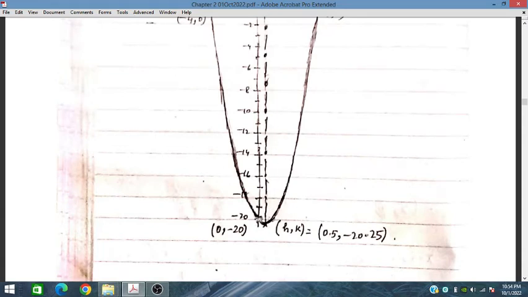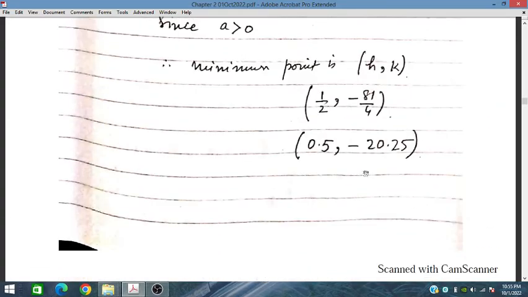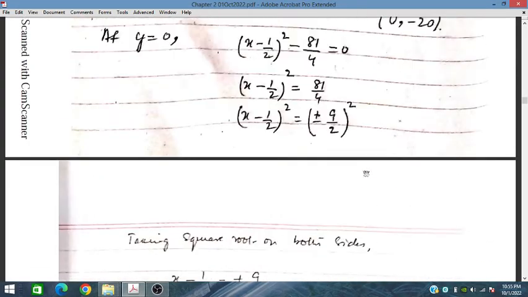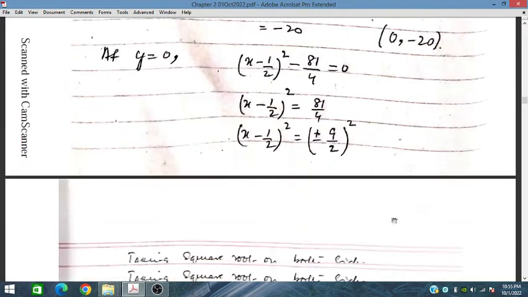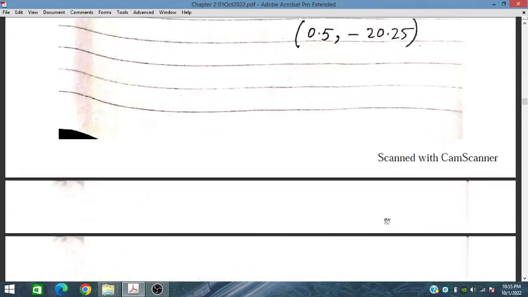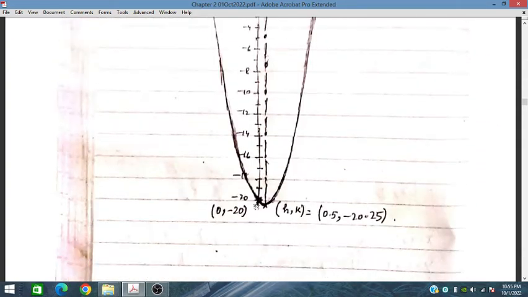At x = 0, y is equal to −20, so this can be seen from this equation. It is also plotted here. So we have 4 points, this one and the minimum point.